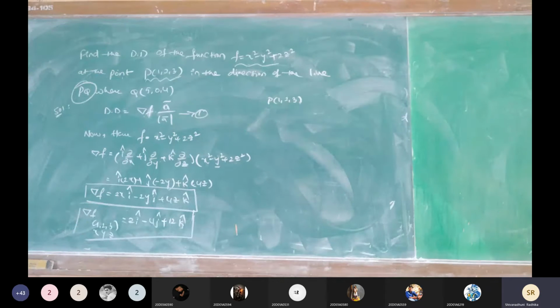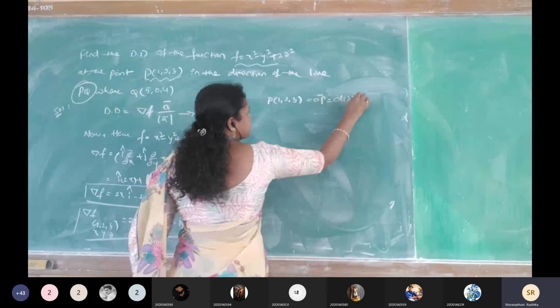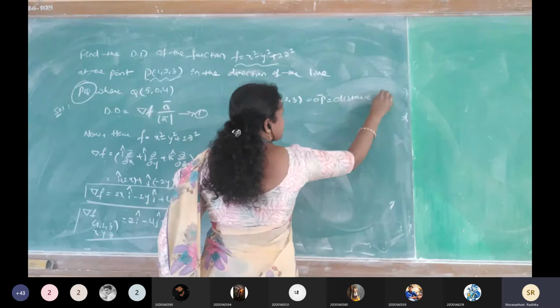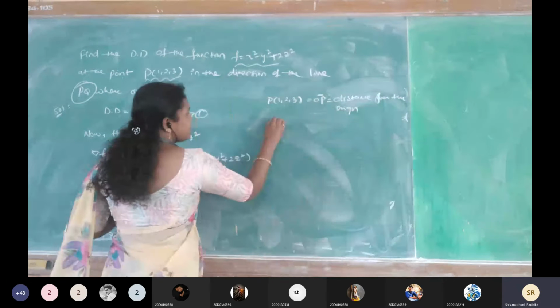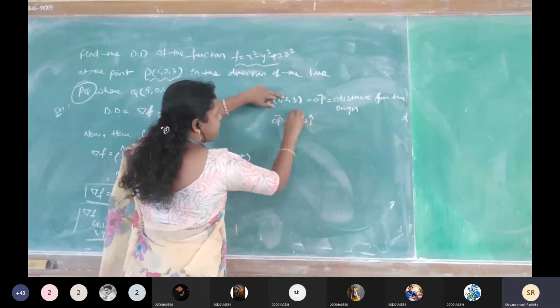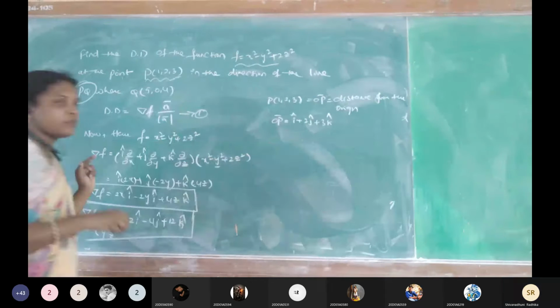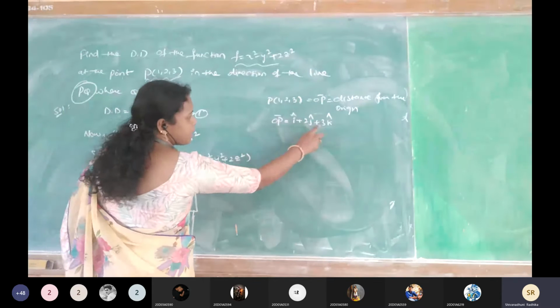It is the distance from the origin to the point P. So OP bar equals i cap plus 2j cap plus 3k cap.